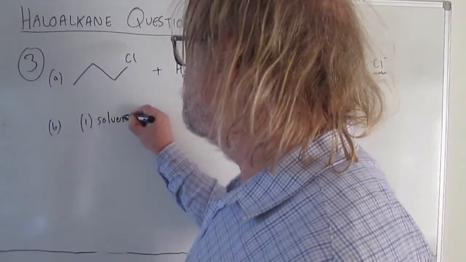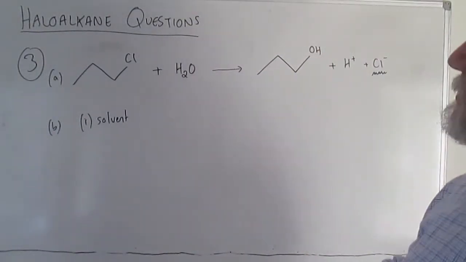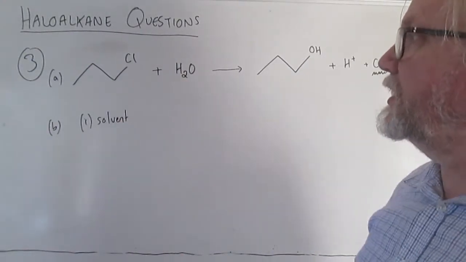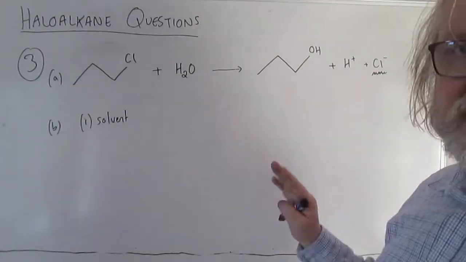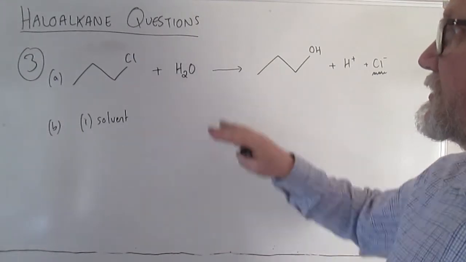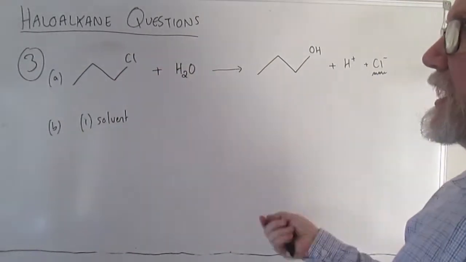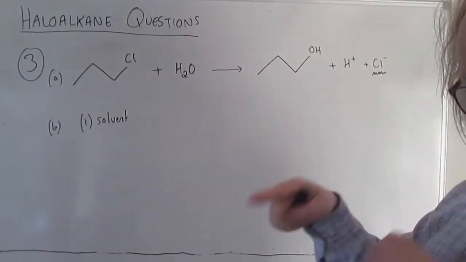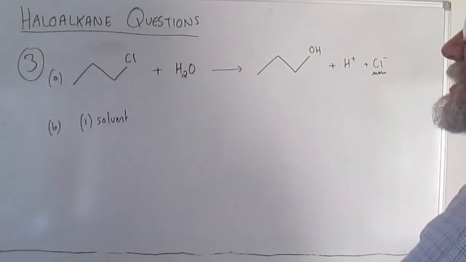This is really a clever trick, because you know from the stuff we've talked about on intermolecular forces that this compound will not be soluble in water because it can't form hydrogen bonds. And that's a problem if you're trying to do this experiment, because it means that you'll get two layers. The silver nitrate will be dissolved in the water, this will be a separate layer, and the rate of reaction is likely to be controlled by how good you are at shaking it, by how efficiently you mix the two layers and therefore let the water react with that.